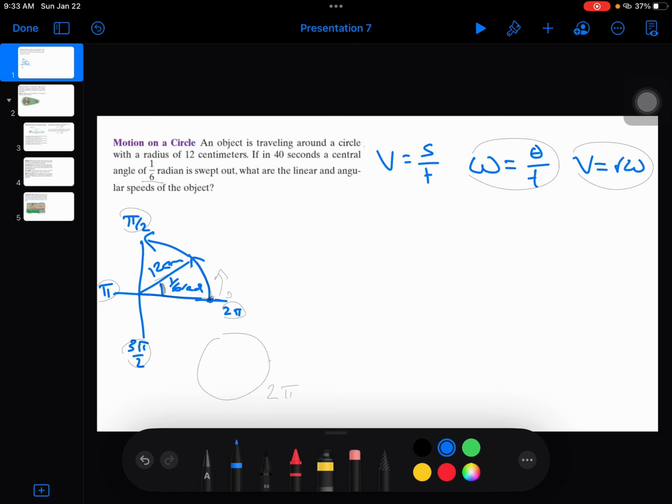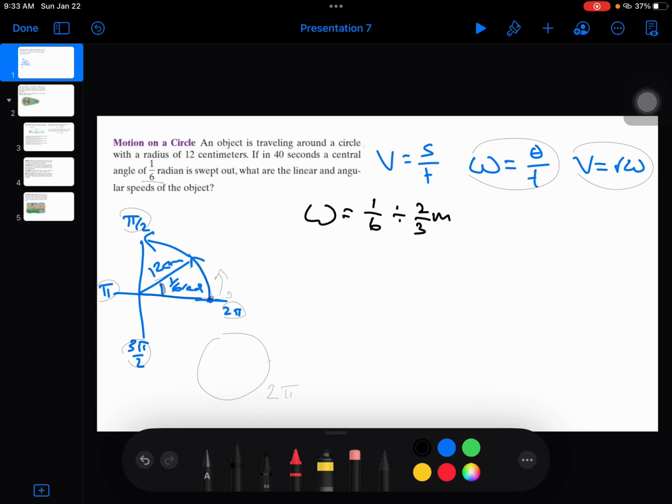So looking at our numbers here, then the angular speed is omega. I write it like a W, but it's a little bit wider. A lowercase omega is equal to 1/6. That's our movement. That's the theta. And then that's going to be divided by 2/3 minute. I'm just going to keep it in minutes.